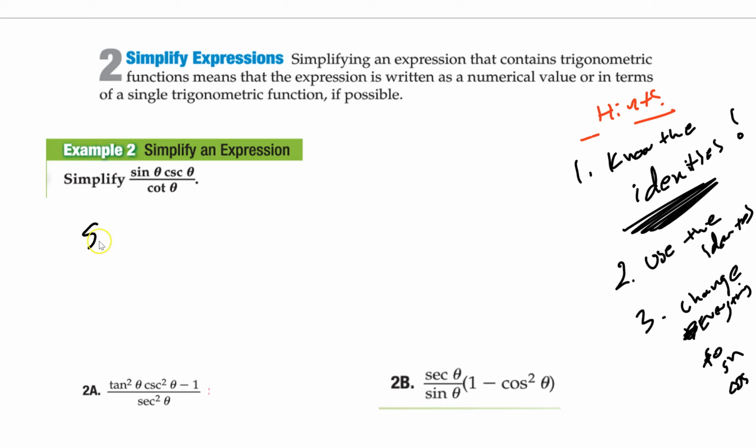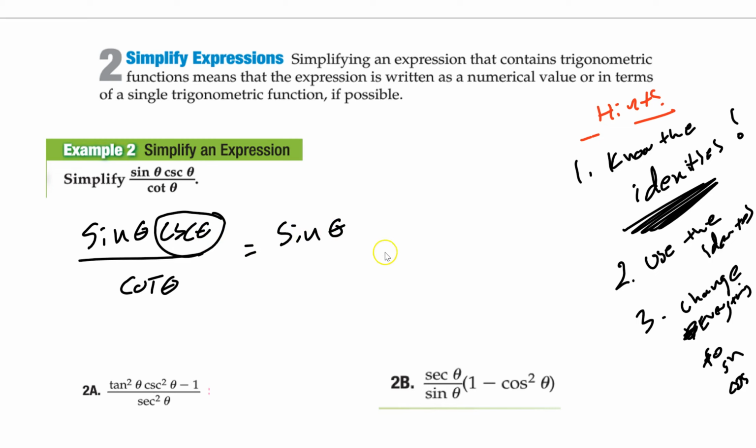Let's talk about what they want us to do. So they have sine theta times cosecant theta over cotan theta. They want me to simplify it. So let's look at cosecant. Cosecant is 1 over sine. So this is the same thing as saying sine theta times 1 over sine, over cotan theta.